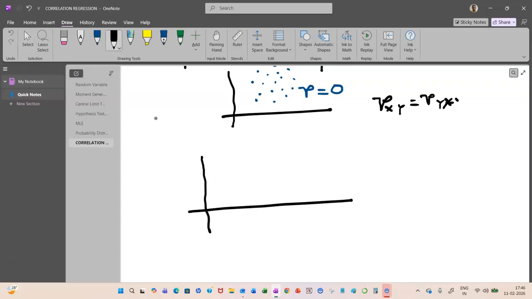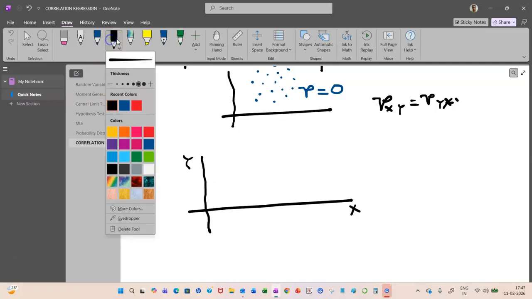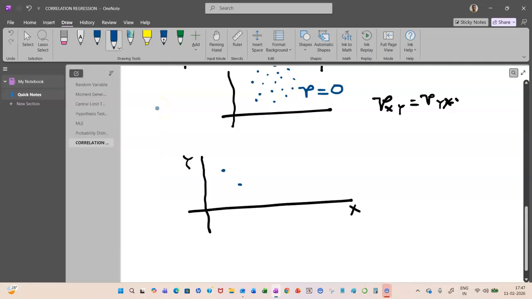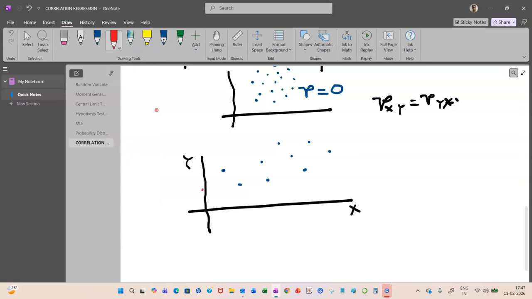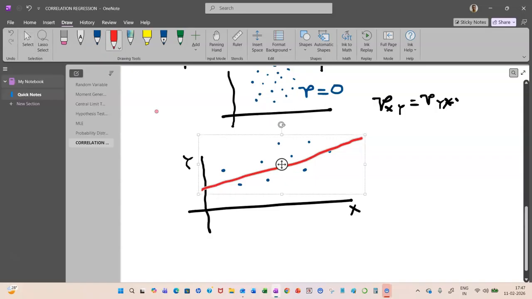So we have two variates x and y, and we have several data points. I want to have an idea of y when the value of x is given. So we plan to estimate a straight line between y and x.